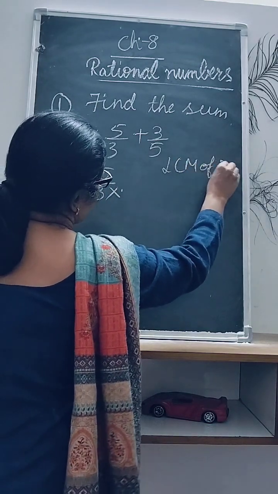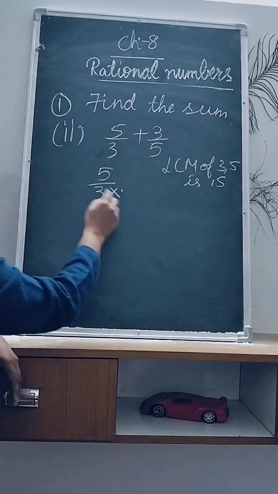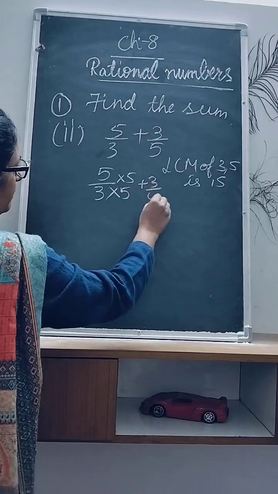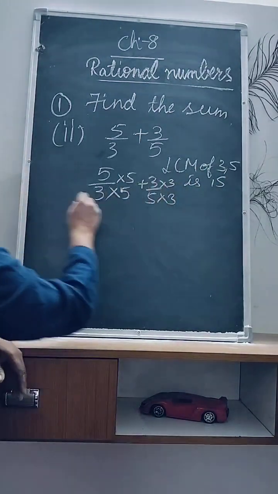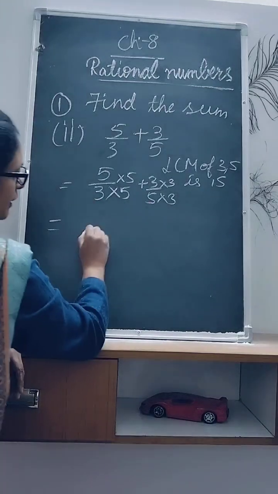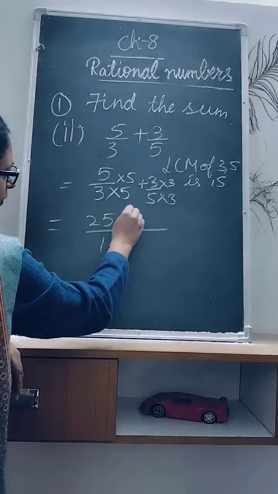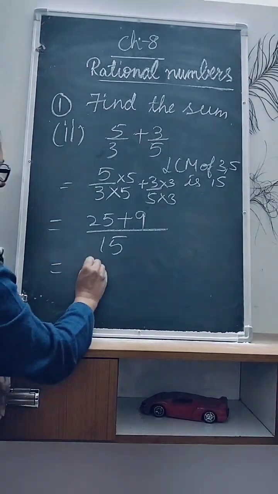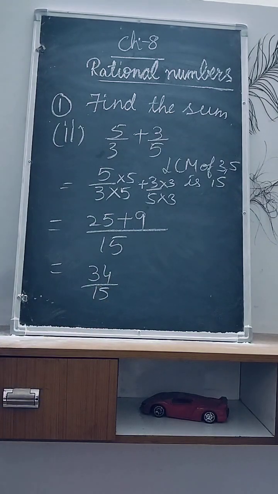With 5 we will multiply 5 by 3, and 3 by 5 we will multiply with 3. Now in denominator we got 15. So 5 into 5, 25. 3 into 3 is 9. Now when we add, what we got, 34 upon 15. Okay. So this way you can solve the sum, students.